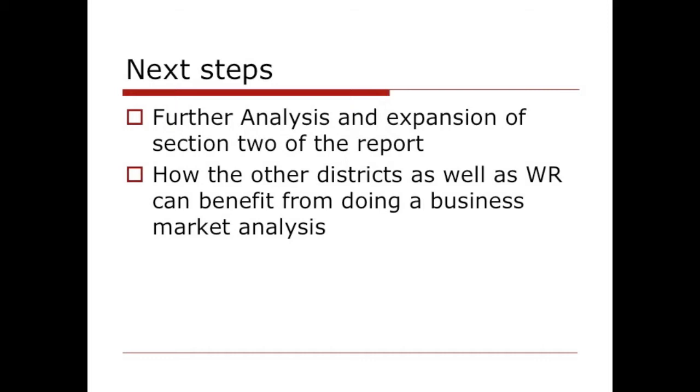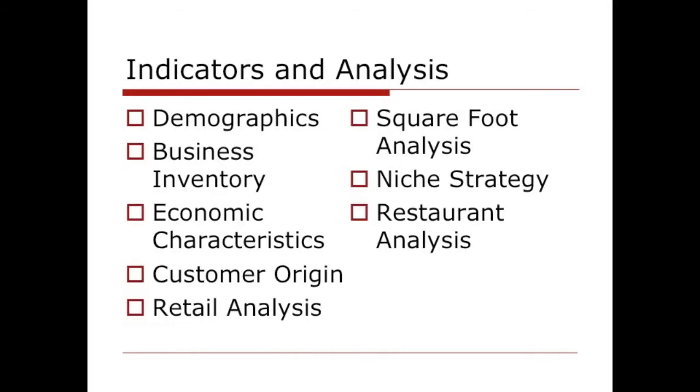As the next slide will show, you can compare demographics, square footage, different restaurant types to enhance the business development of a community and within the corridor overall. So with that being said, any questions?